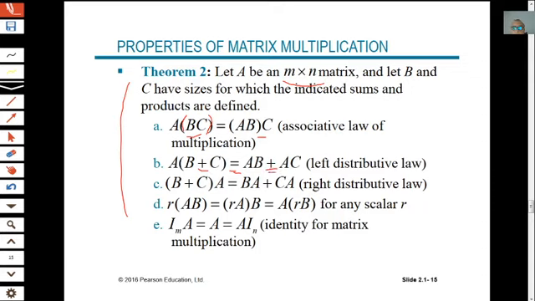And also we have the right distributive law. As you can see, we can distribute this matrix from the right side over the addition, and for any scalar r, we have these equalities, namely we can change the place of the number as we want.